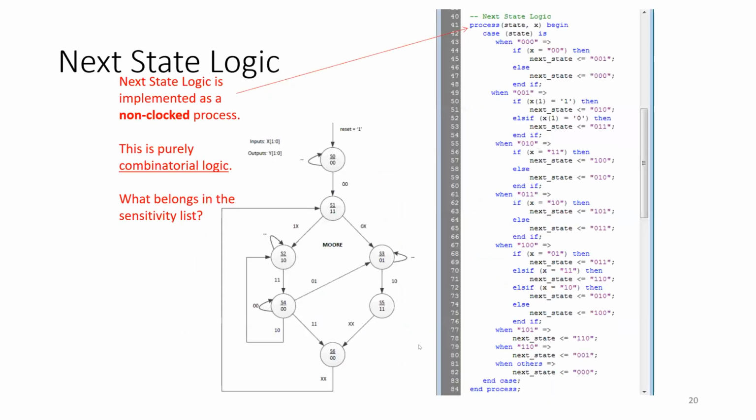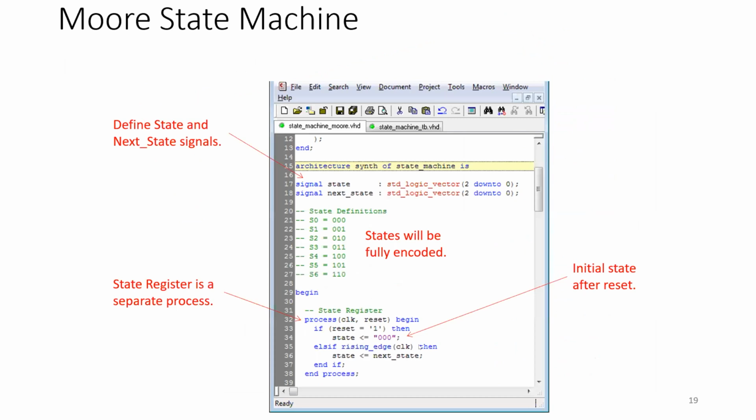What about this one? This one processes state and X. Here you are going to have the input and the counter. And before you move on, the counter can be implemented right in here, because the counter counts upon the clock.